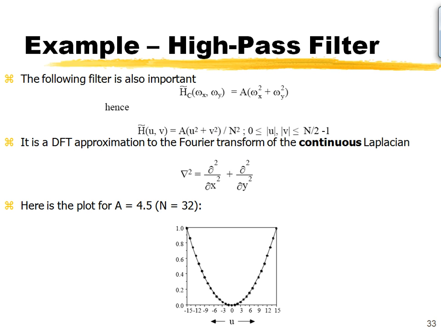Now, a few classes back, we talked about this notion of combining multiple images in order to reduce noise. So when we did that operation, what were we doing? We were basically smoothing.